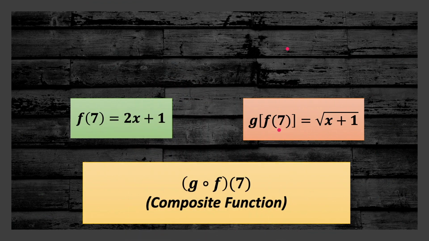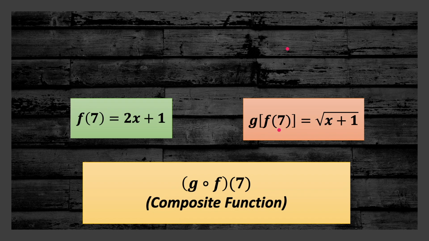Let's first solve for g circle f of 7. Let's apply the illustration we presented at the beginning of this video. Using the composite function principle, to solve for g circle f of 7, the first step is to find the value of f of 7.